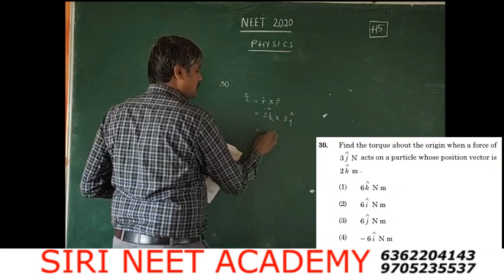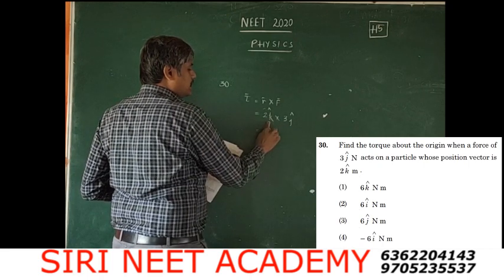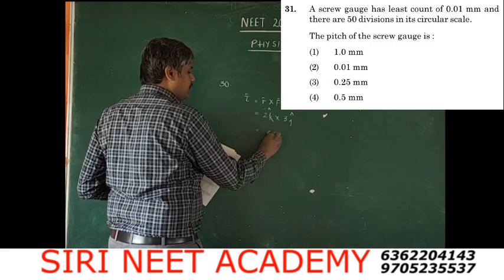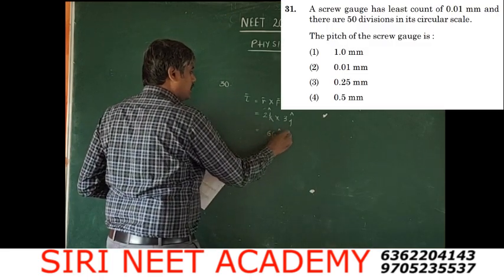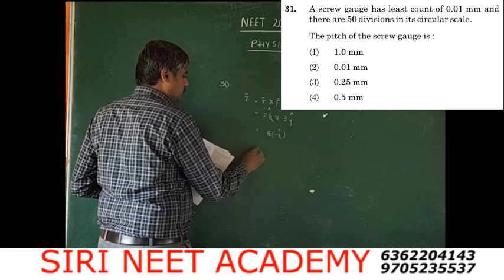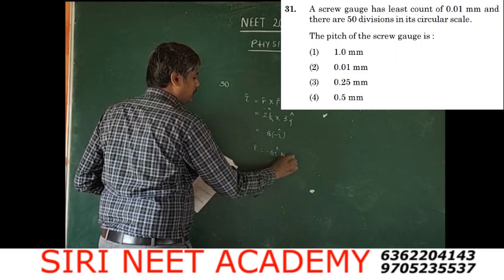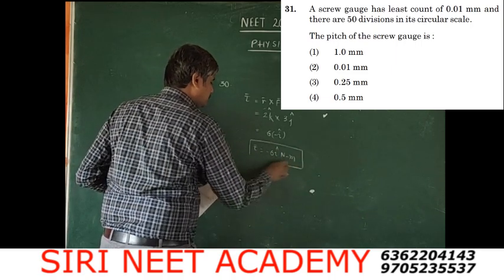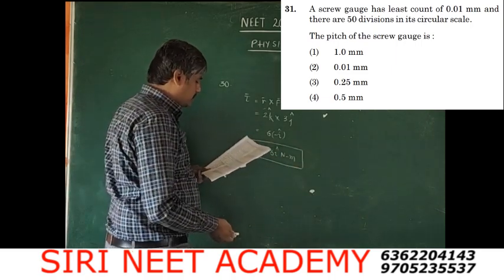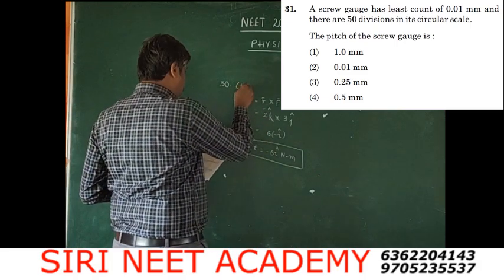So 2 3s are 6 and k cap cross j cap will be minus i cap. So the torque is given by minus 6 i cap Newton meter. Option corresponding to this will be.